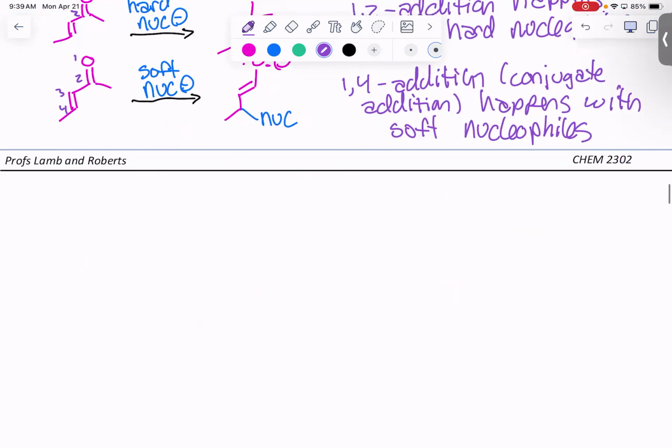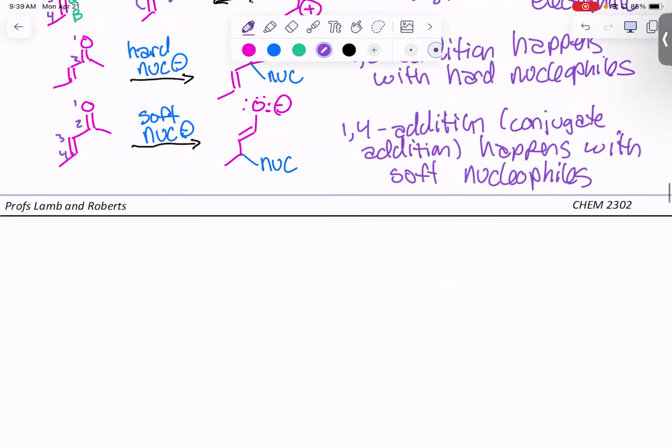Okay, so now let's do one example that we know of a hard nucleophile. So a great hard nucleophile would be something like a Grignard reagent. All right, so something like a methyl magnesium bromide. So we would have our electron density from our methyl magnesium bond add in at the 2 position.